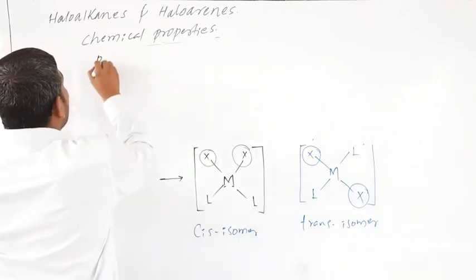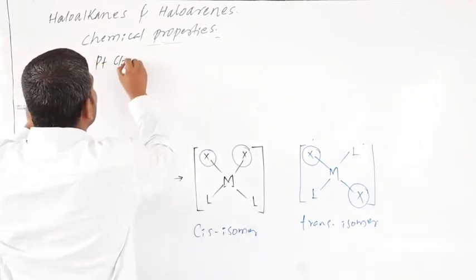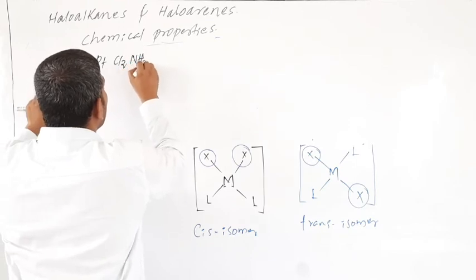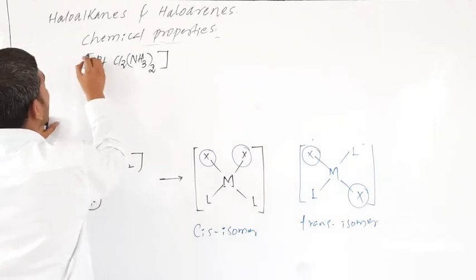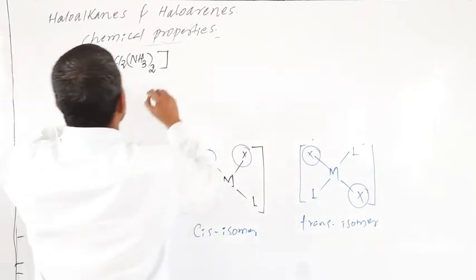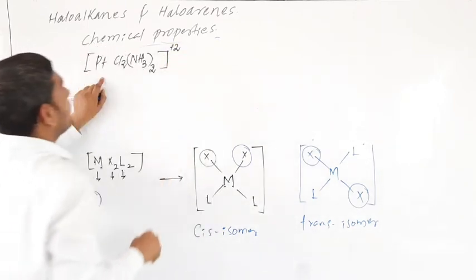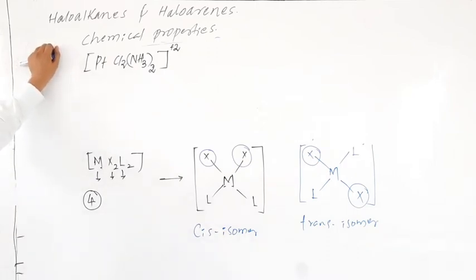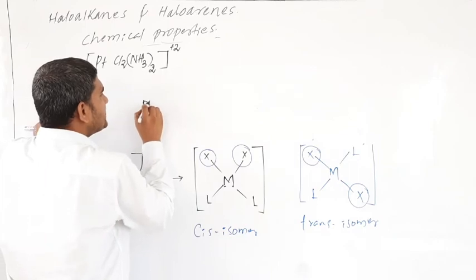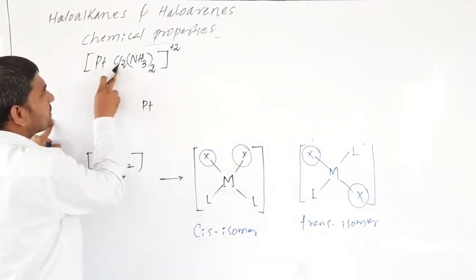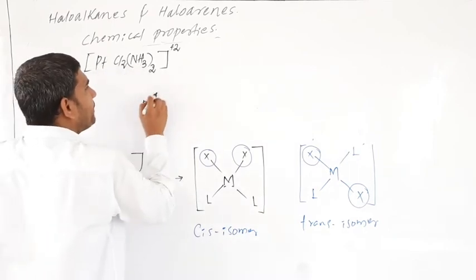For example, PtCl2. This is a complex. Over here, if you observe, this is of the type MX2L2.